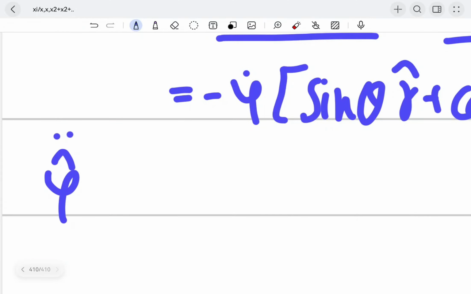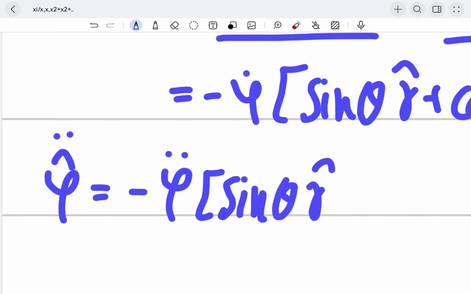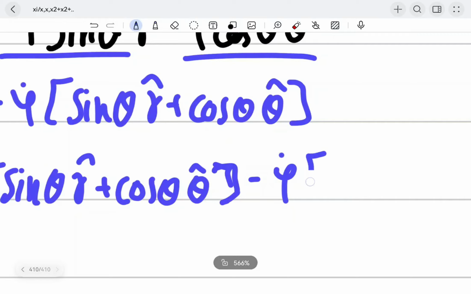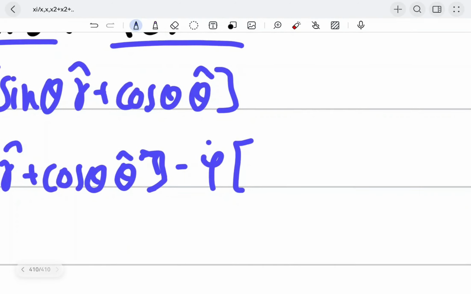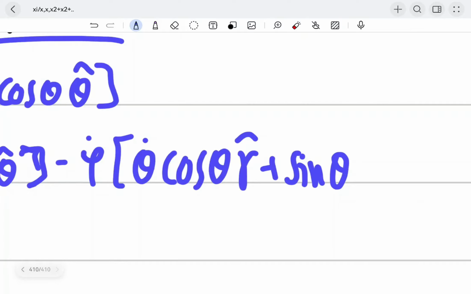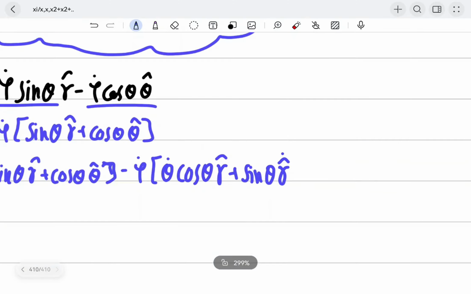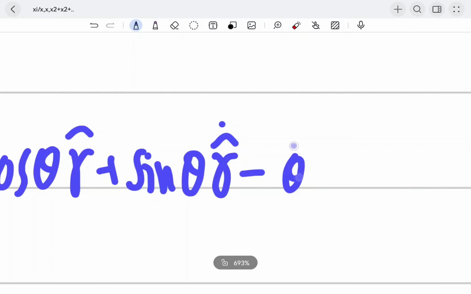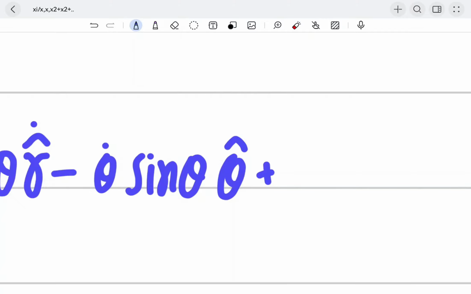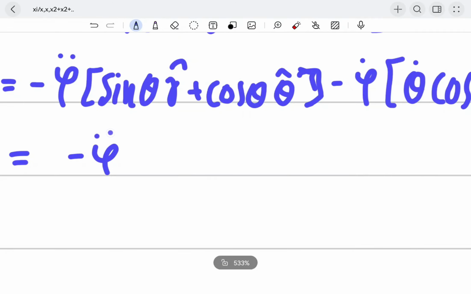Then phi hat double dot equals minus phi double dot times the same bracket, minus phi dot times theta dot cosine theta r hat plus sine theta r hat dot, minus theta dot sine theta theta hat plus cosine theta theta hat dot.